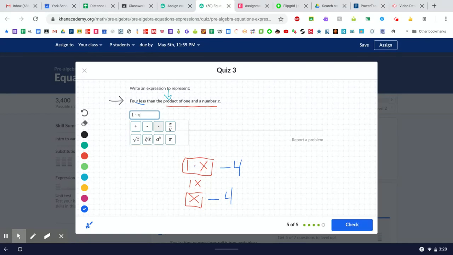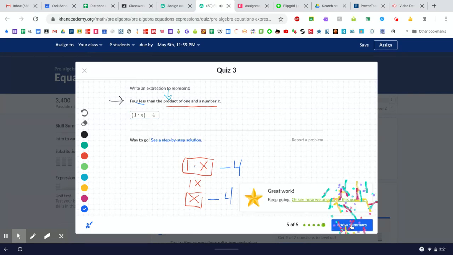I'm going to use parentheses. I don't need them because multiplication comes before subtraction, but for clarity's sake, I'm going to use parentheses. Minus 4. Do you think that'll work? It's a product of 1 and x, and it's 4 less than that. Let's find out. It did work. Oh, cool. So they were looking for that.